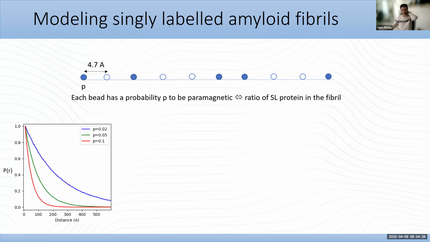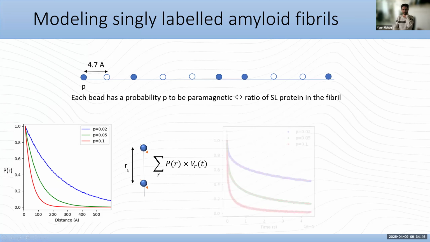So obviously we checked how it behaves, and here we're just changing the probability, which changes the density of spins. We did the same: we extracted the first neighbor distribution here, and then we simulated the dipolar signal from there.